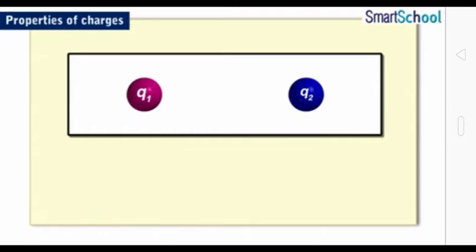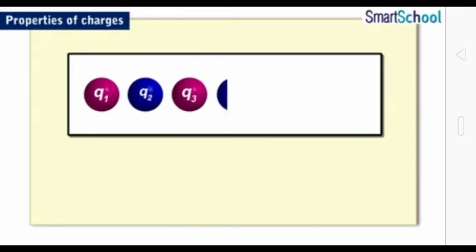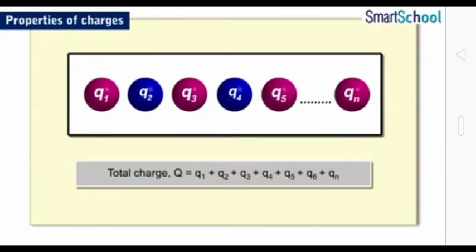Similarly, if a body carries n number of charges, Q1, Q2, and so on up to Qn, then the total charge on the body Q is equal to Q1 plus Q2 plus Q3 and so on.